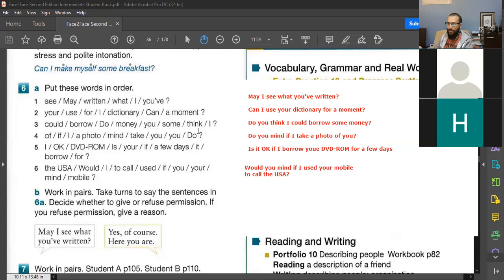So we've got more than a few ways. Now Sana, I want you to choose 2 or 3 of them and ask permission from Hajar, and we'll see if Hajar will accept one of them and maybe refuse another. But if she refuses, she has to give a reason.